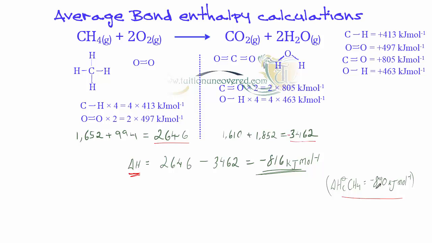And therefore, this is the accurate value specific to the combustion of methane, whereas this value, using average bond enthalpy calculations, is fairly close. It gives you an idea of what's going on, but we have to keep in mind it's an average bond enthalpy calculation, not as accurate as the actual value, simply because it relies on data referring to bonds from many different environments. I hope that's clear.